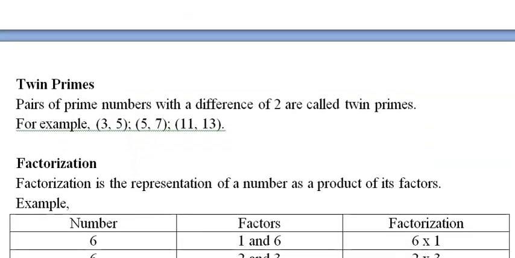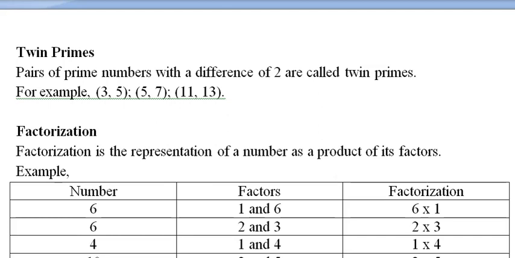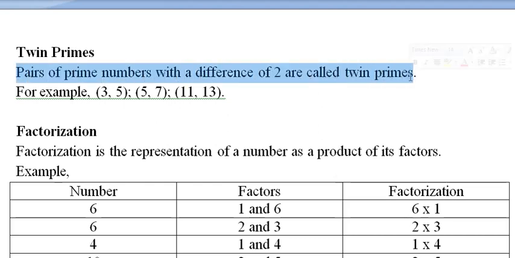Now twin primes. So what are twin primes? A pair of prime numbers with a difference of 2 are called twin primes. So in case of twin primes, you have to have a set of two prime numbers with a difference of 2.